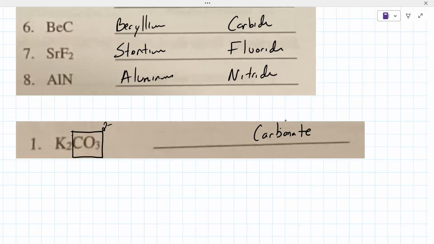You know how words matter, right? It's carbonate, not carbonite or something else. And then the first one is potassium. So you just grab whatever the first one is, just like before, but then the CO3 is carbonate, and it's altogether potassium carbonate. All right.